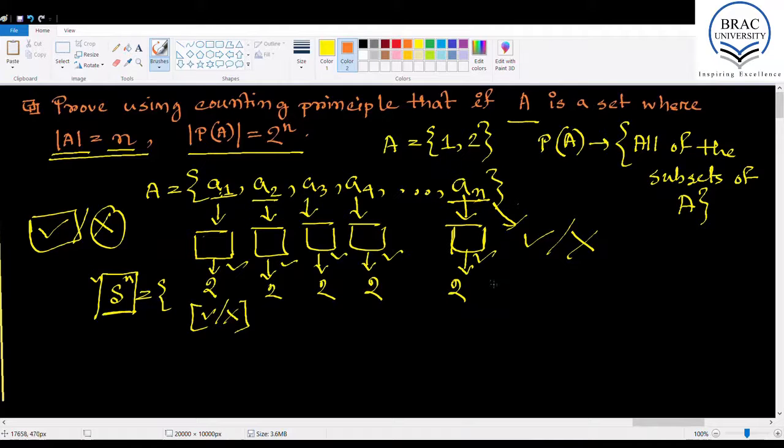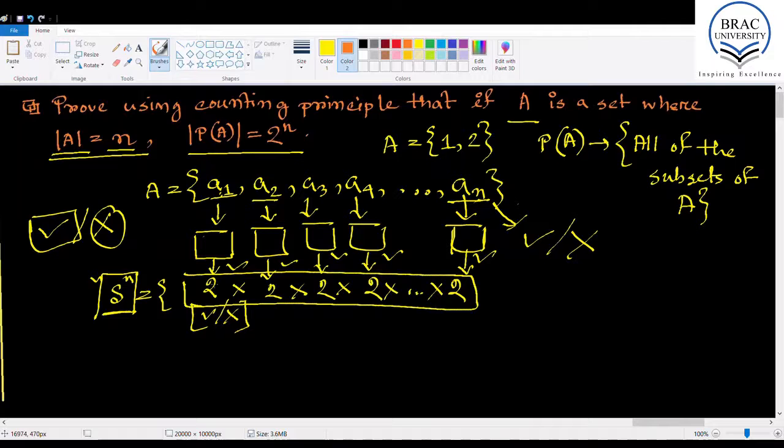For each of these tasks there are two options. So from the multiplication rule again, the total number of ways in which we can make a subset will be 2 multiplied by 2 multiplied by 2 multiplied by 2, and so on.